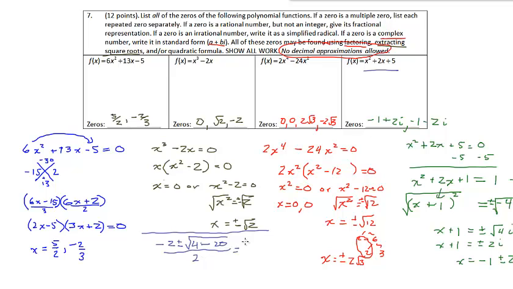This would be negative 2 plus or minus, and inside here it's negative 16. So it's plus or minus the square root of negative 16.